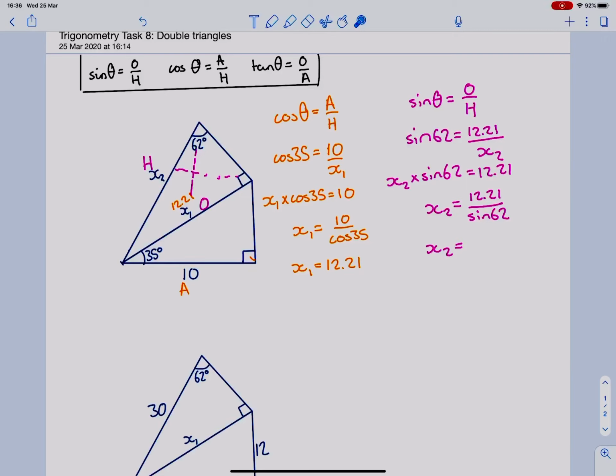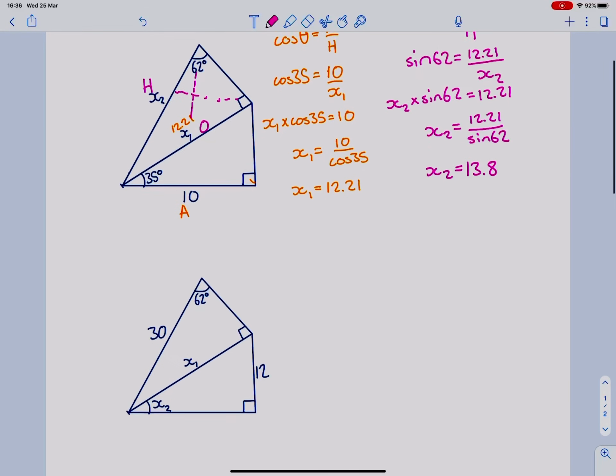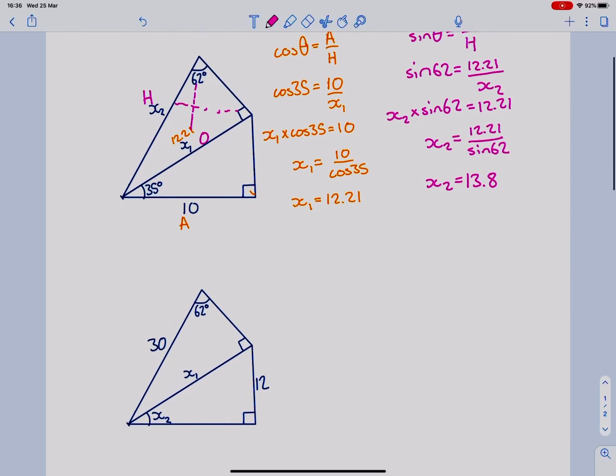Divided by sin 62 gives you the answer as 13.8 if you write it to one decimal place. So 13.8 for x2. And that's pretty much it. It's pretty much the same every time. What changes is you'll be asked to find maybe an angle, or you'll use tan or a different sin or cos as well.